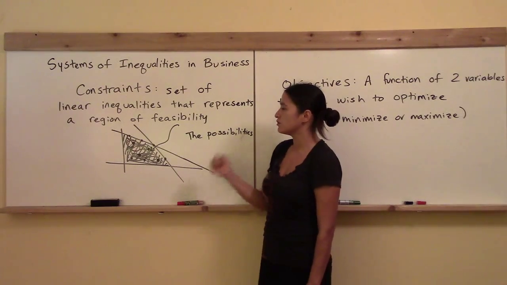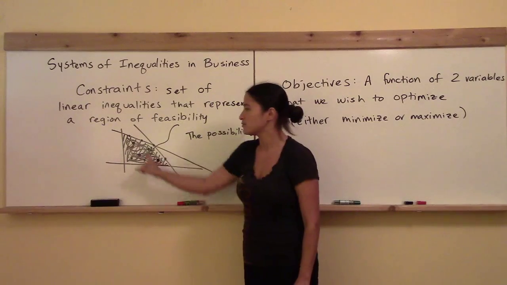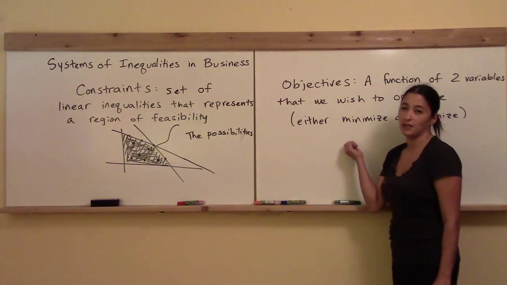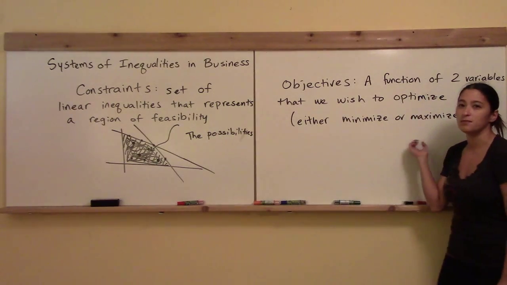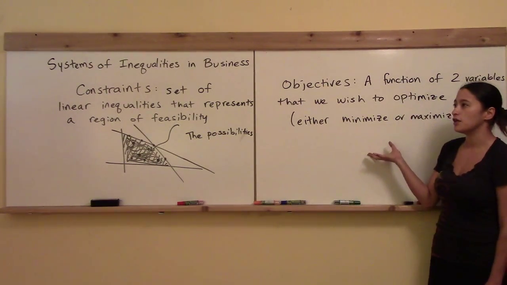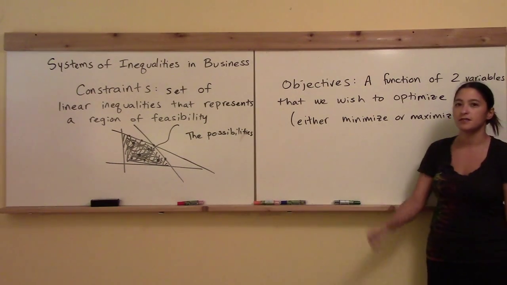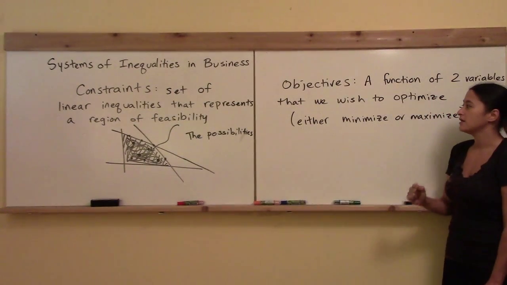And because we're constrained to this region, we could do like this much planting and that much processing, or vice versa, or whatever. But maybe I have something I want to optimize. In the instance of maximization, perhaps you're getting a certain amount of profit from all the different crops, and you want to get your maximum profit.